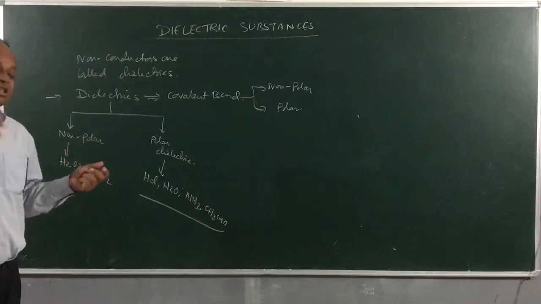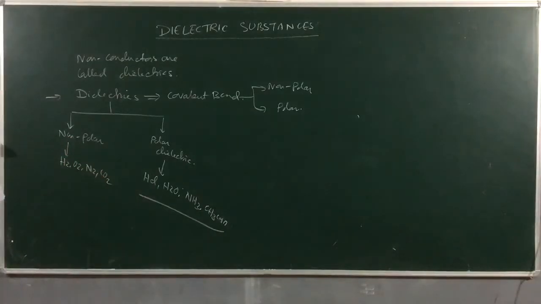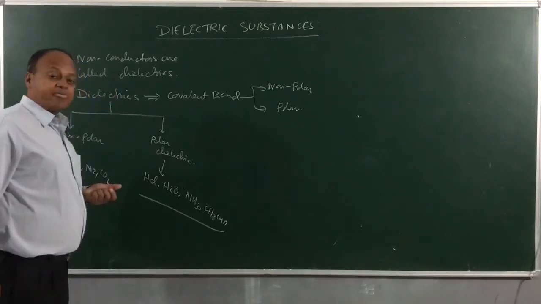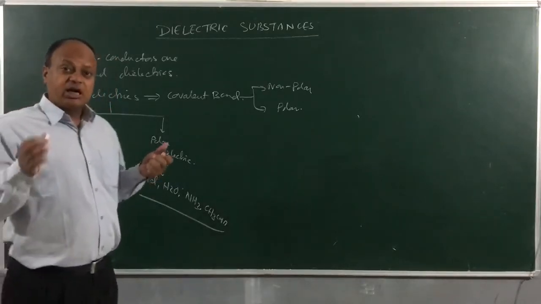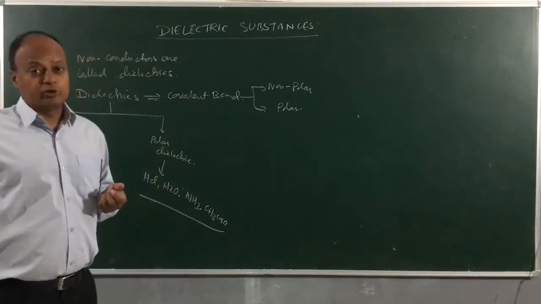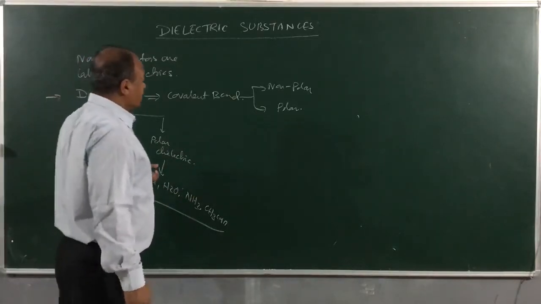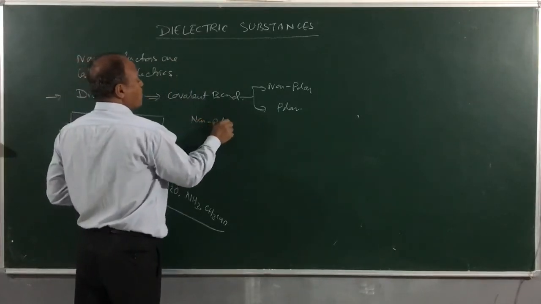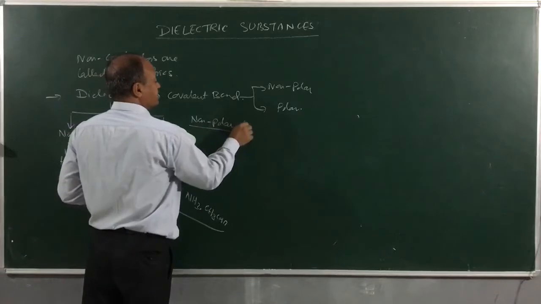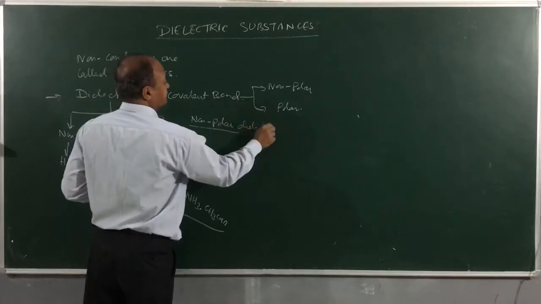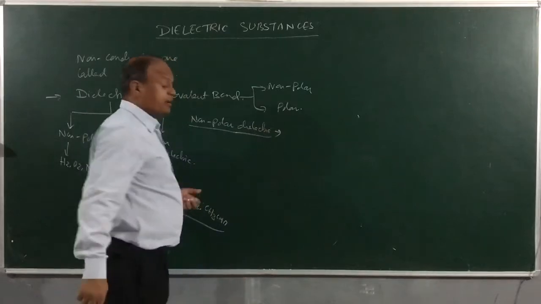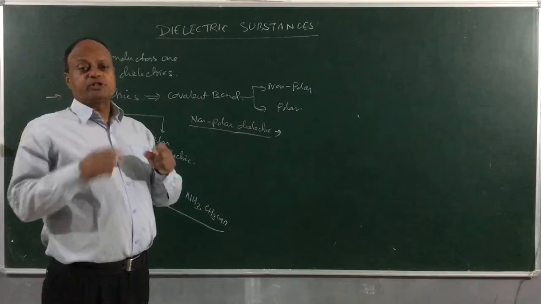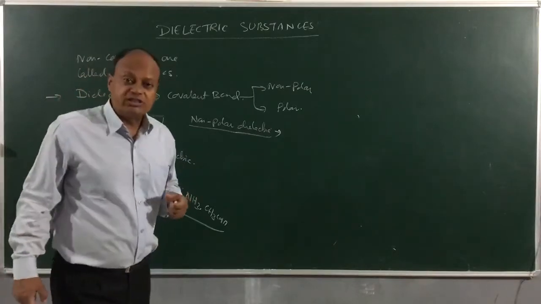Let's see how these polar and non-polar dielectrics look when we do not apply any electric field. First we will study how a non-polar dielectric looks. A non-polar dielectric basically has a situation in which the center of gravity of positive and negative charges are coincident.